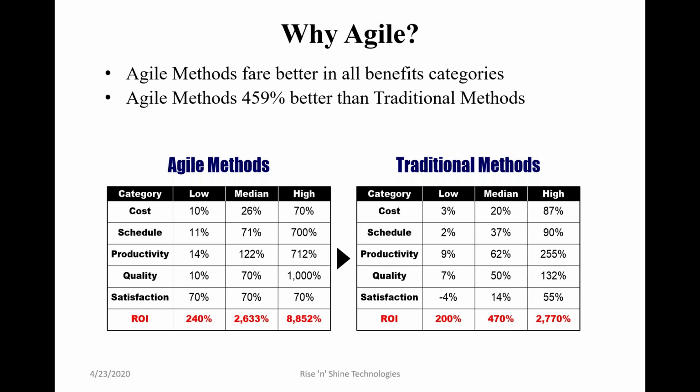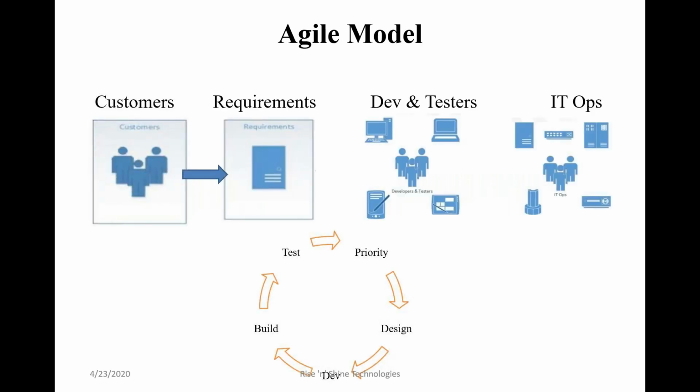Agile is the best methodology to overcome the communication gaps between the teams, that is, between the requirements, developers and testers, and it is planned in a sprint.